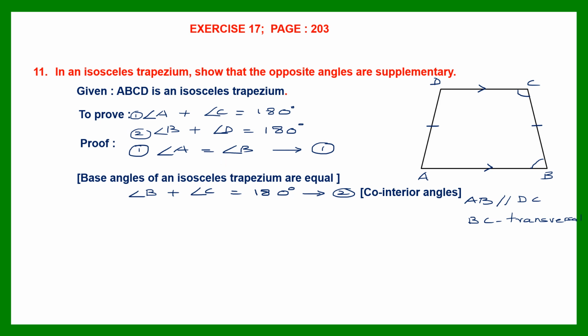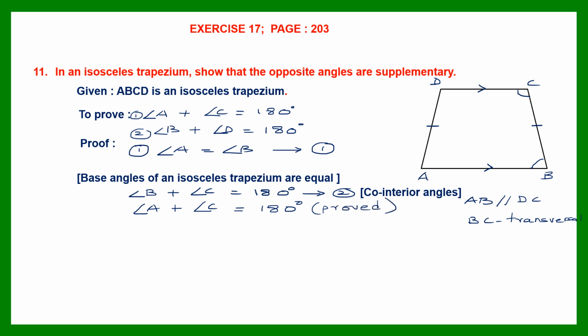So if I write angle A instead of B and I continue with this, it will be angle A plus angle C is equal to 180 degrees. And this is the first question that we had to prove, the first part. We had to prove that angle A plus angle C is 180 degrees. Here we have proved that. So the first one we have proved.